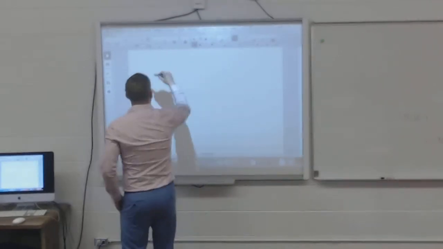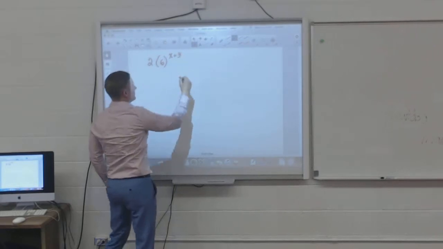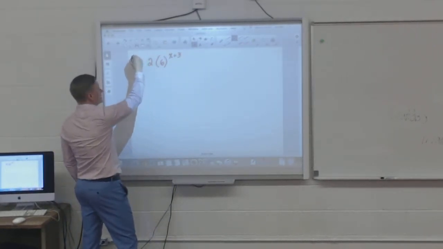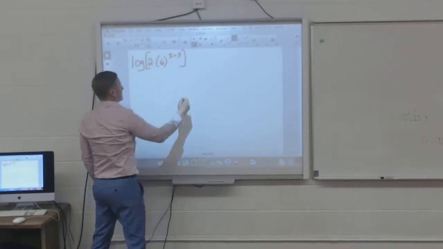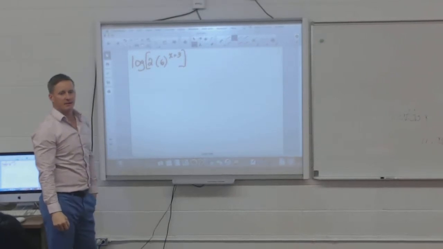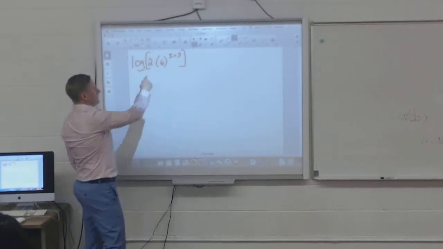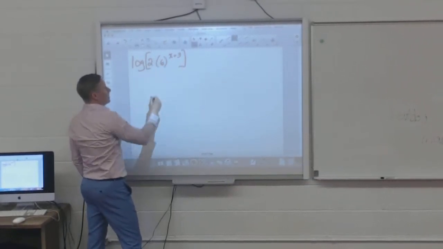So when they have 2 times 6 to the x plus 3, and you take the log of this side, don't write this down, I just want you to watch. When I take the log of that side, I start with this. I did this on Friday. Because it's multiplied here, what's the log law?